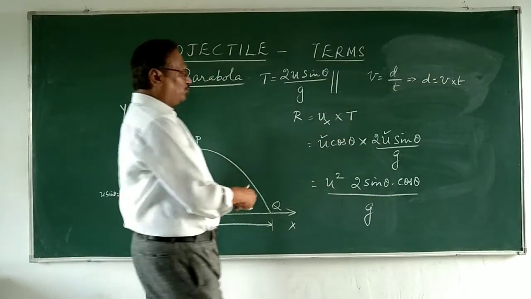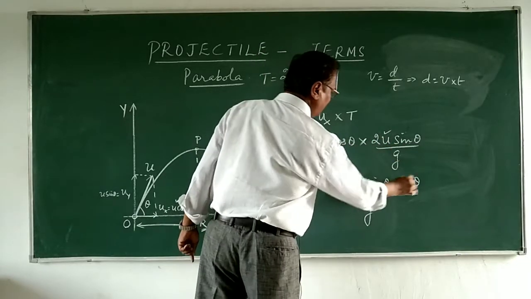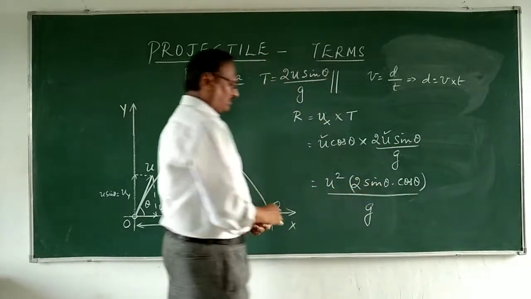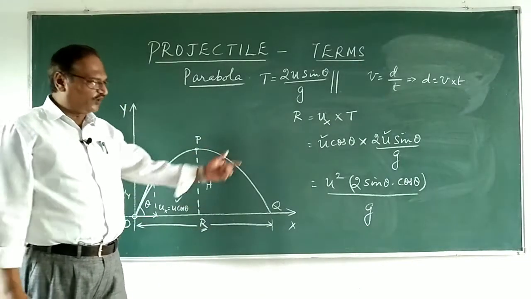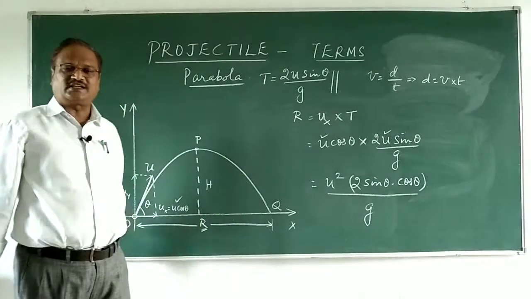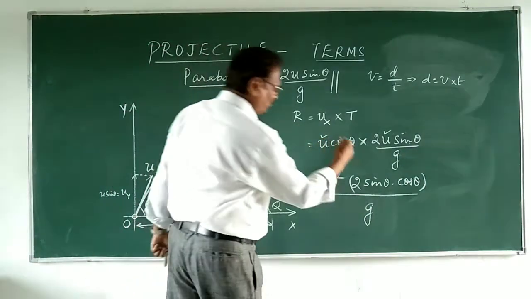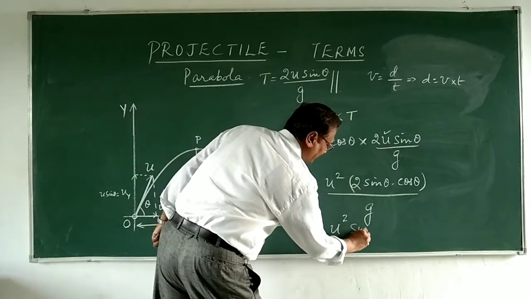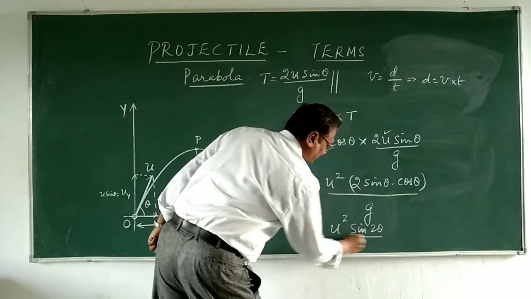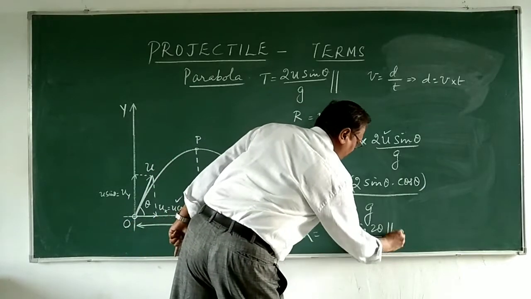Now you see, I have taken the factors together: 2 sine theta cos theta I have put in one group and divided by g. Mathematically, what is 2 sine theta cos theta? Actually, it is sine 2 theta, so that is equal to u square sine 2 theta divided by g. This is the range of the projectile.